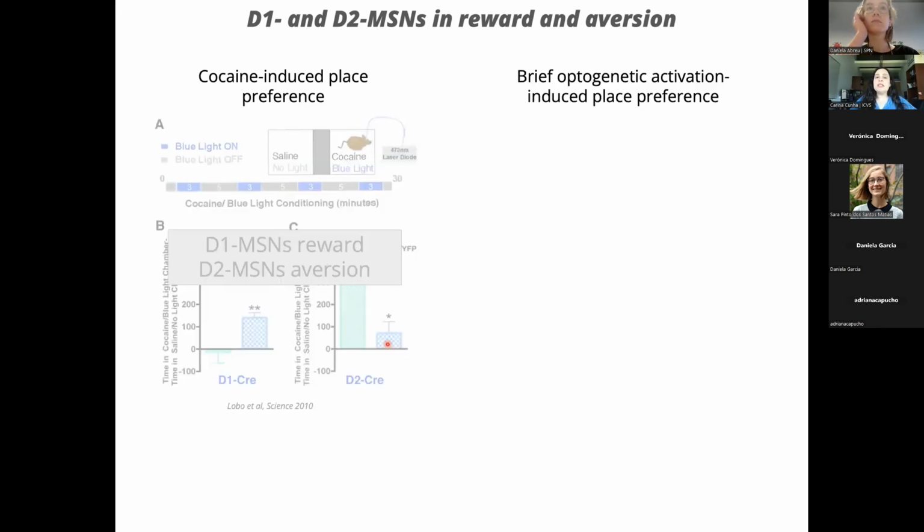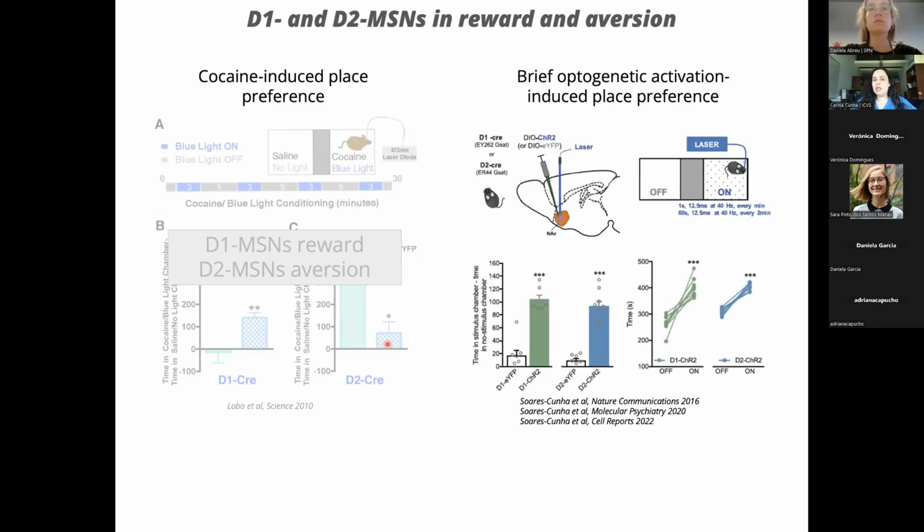But more recently, we've also applied optogenetic tools in our studies, and we showed that applying a brief optical activation to either D1 or D2 neurons would result in increased preference for one side of the chamber, the side where the animals were stimulated.